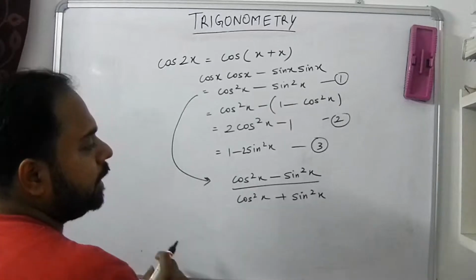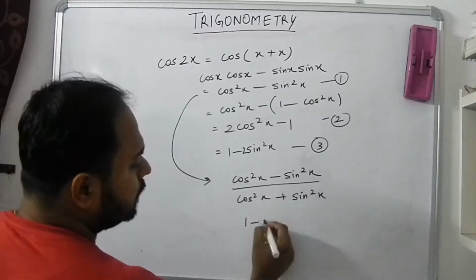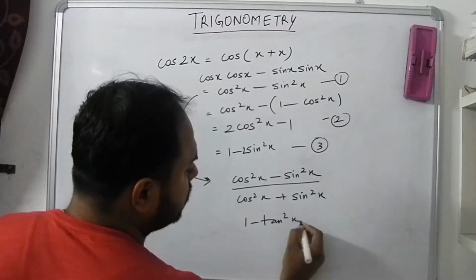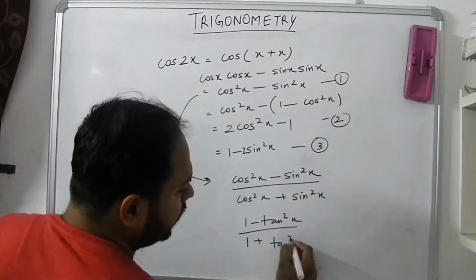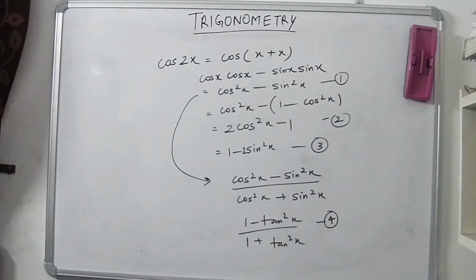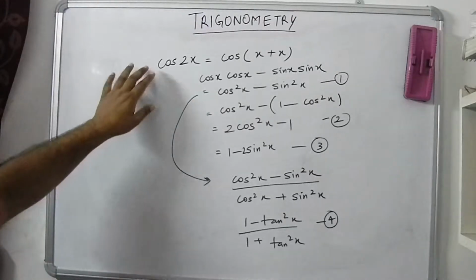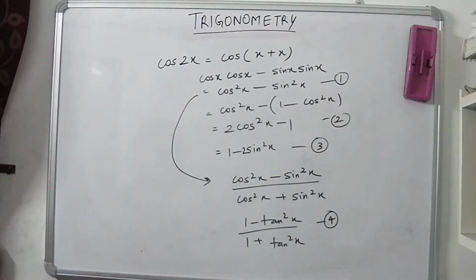So let's divide everything by cos square x. It becomes 1 minus tan square x on top, and the bottom becomes again 1 plus tan square x, right? So this is the fourth expansion. So if we want cos 2x in terms of tan, then we have this expansion, right?